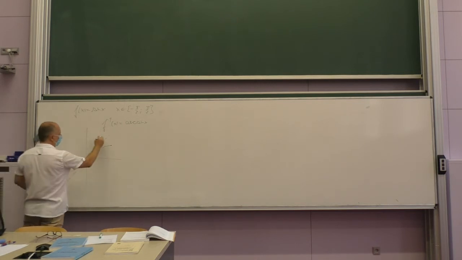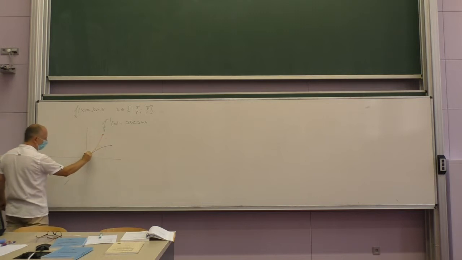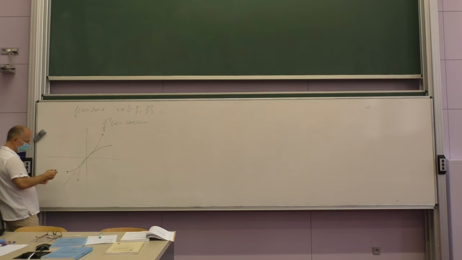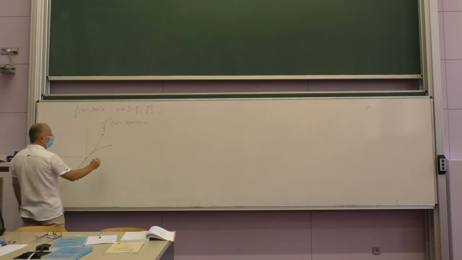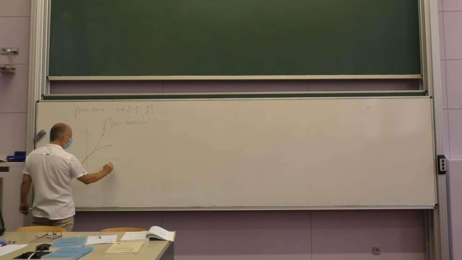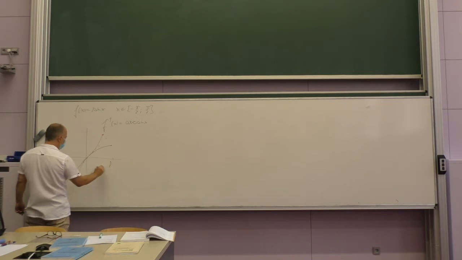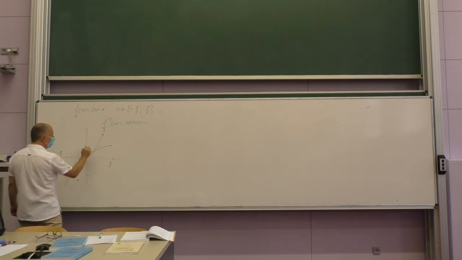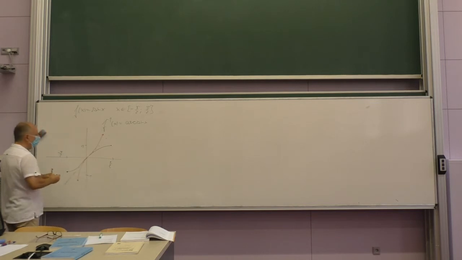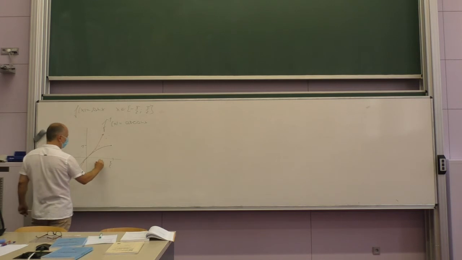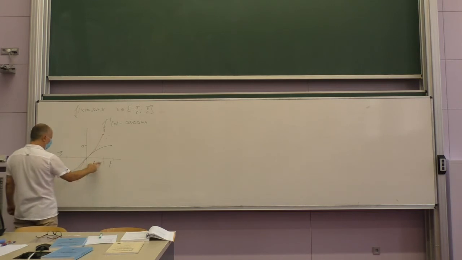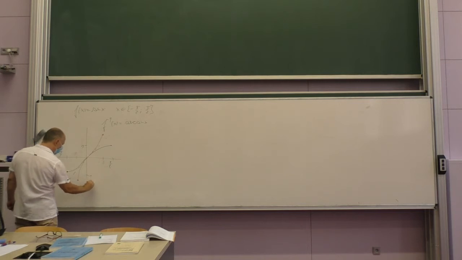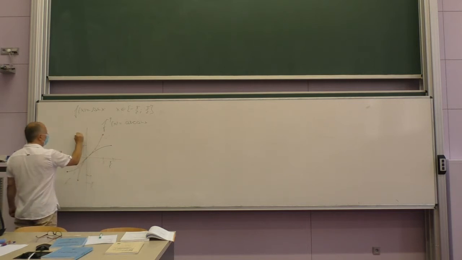Then the arc sine looks like that. And while sine is defined from minus pi half to pi half and has values between minus 1 and 1, then arc sine is defined from minus 1 to 1, and it has values from minus pi half to pi half.